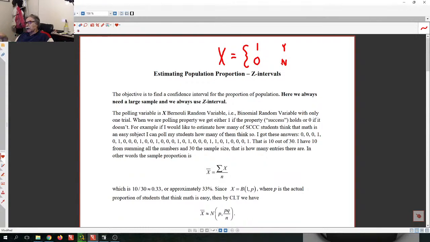We called it a binomial random variable, and since there are only two possible values, this is with one trial only, and we have a name for this random variable. We call that a Bernoulli random variable. So this is a binomial random variable with one trial, and the probability of success on any given trial is whatever the proportion of the population is.